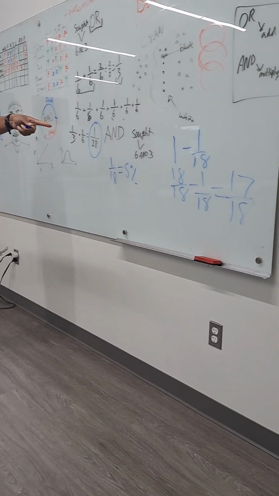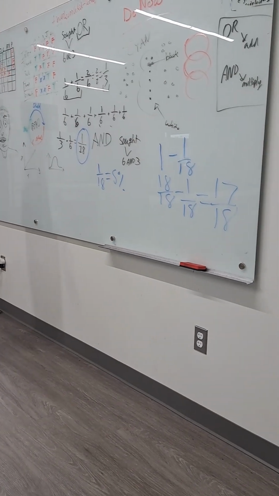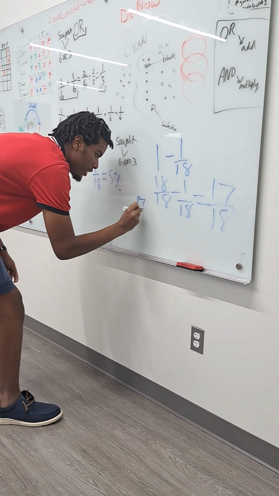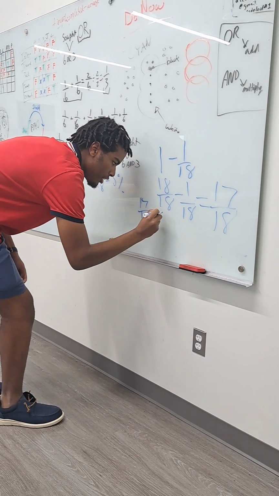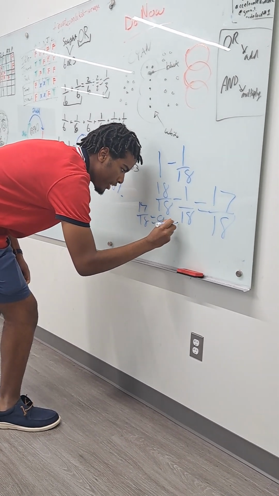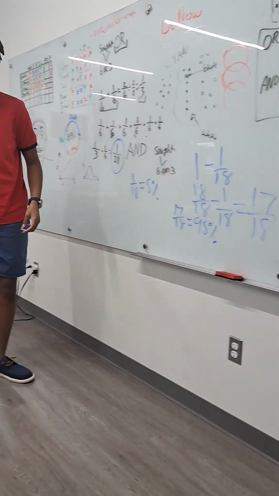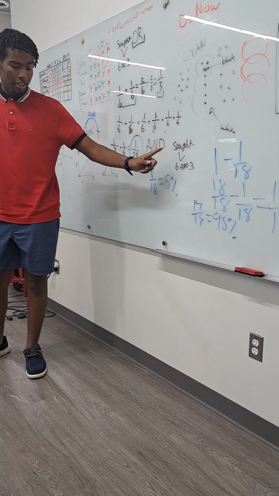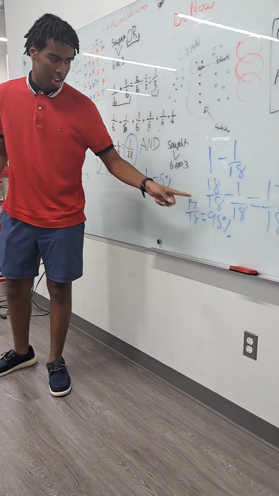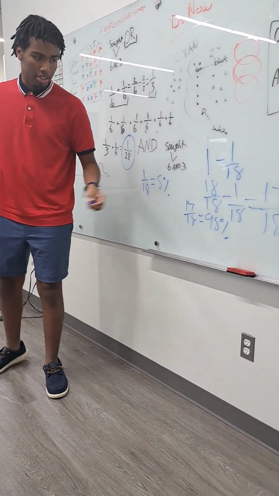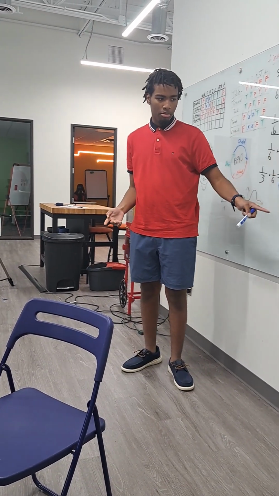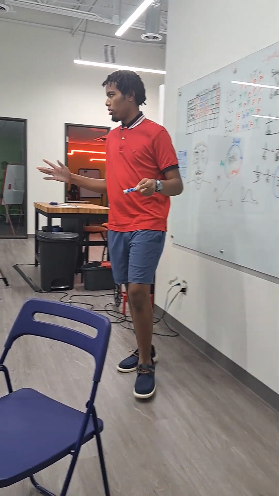What that 17 out of 18 is, that's the complement. Basically, this is the 95% chance of that not happening, whereas you have that 5% chance of getting that 6 and the 3, but that 95% chance of not getting either of those numbers. So the odds aren't really in your favor with this, but there's a small chance.